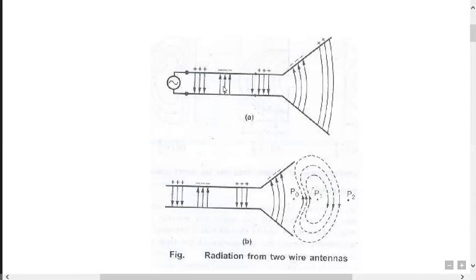The creation of time-varying electric and magnetic fields between the two conductors forms electromagnetic waves which travel along the transmission line and enter the antenna.